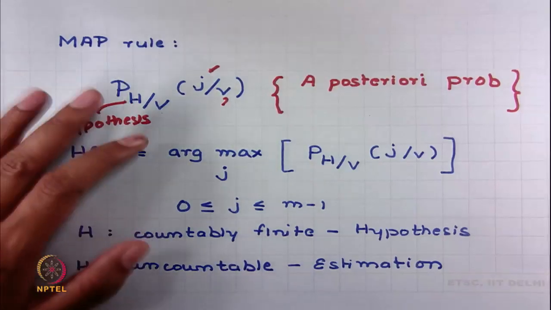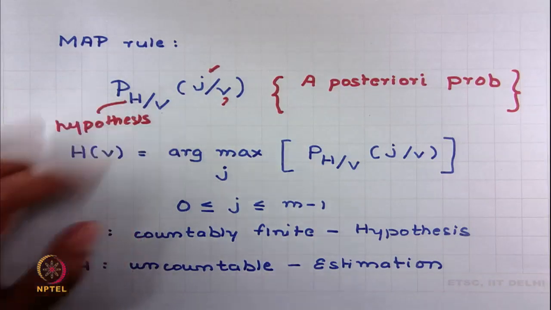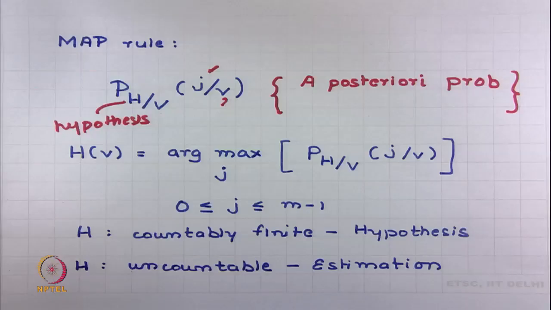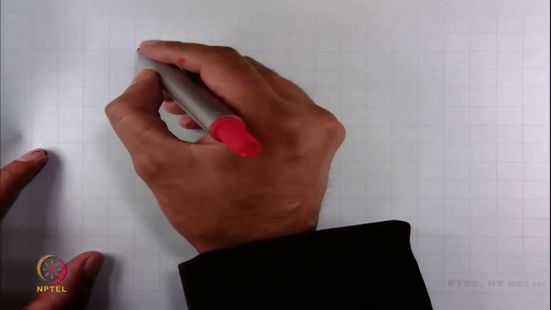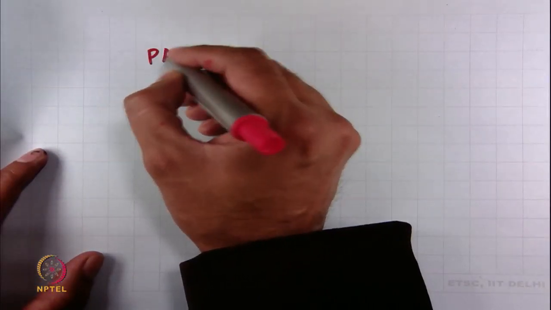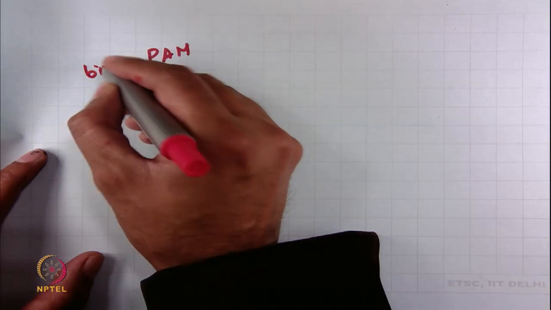What is a hypothesis? Hypothesis means the symbols that you are transmitting. For example, if we have an M-PAM system, there are M possible symbols, and each possibility is a hypothesis. Let us write this down. For example, let us take the case of a binary PAM.